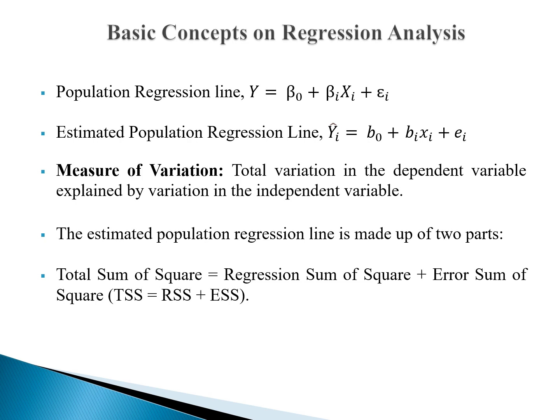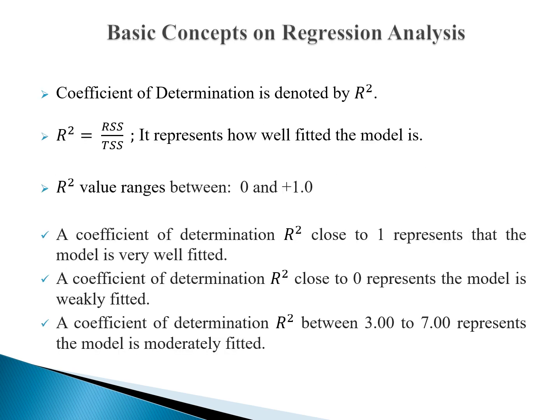Now from this equation we can calculate the coefficient of determination, which is R square. And this R square is basically equal to RSS by TSS. The R square value represents how well fitted the model is.